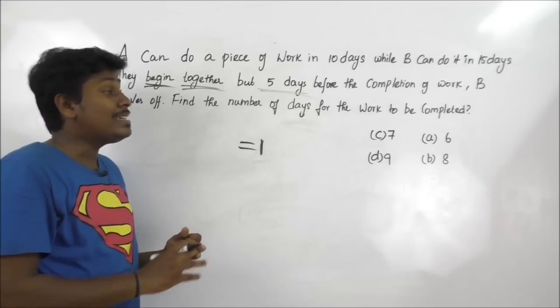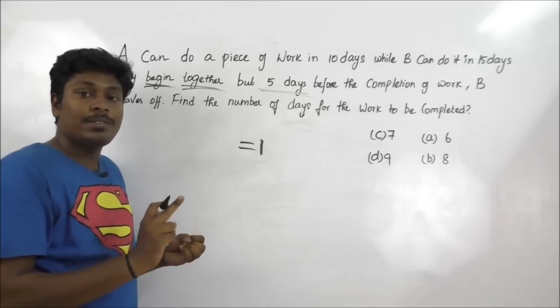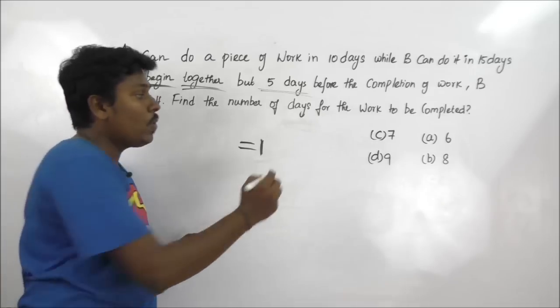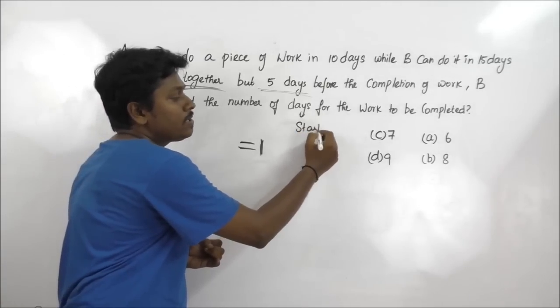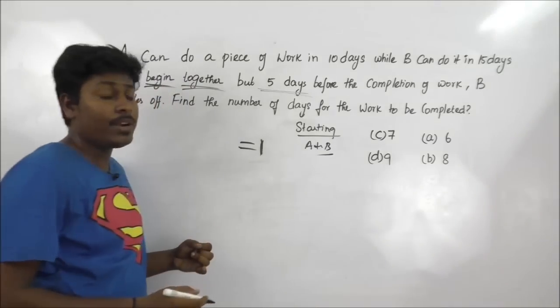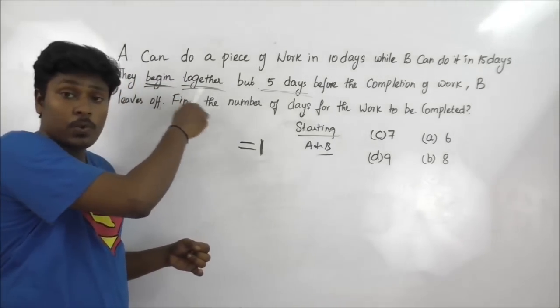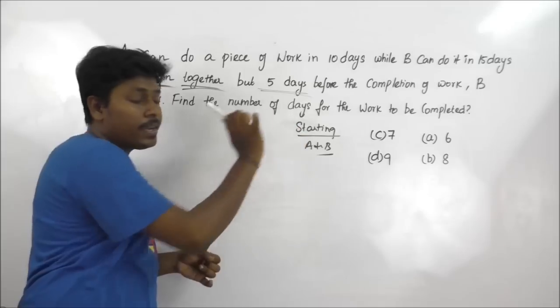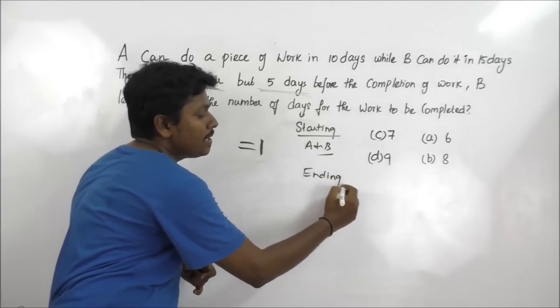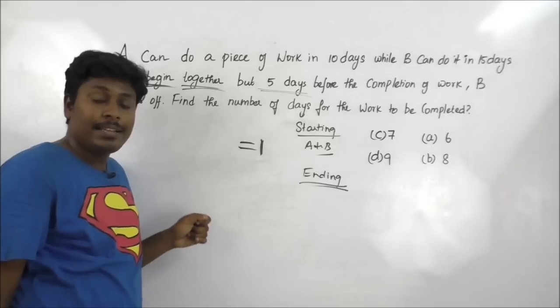Second target, just see the question, who is starting and who is till the end, right? So the starting persons, who start the job, are A and B, both. Why? Because they have said that they begin work together. So A and B are at the starting. Now we can go for the ending. Which person is still there in the ending, right?